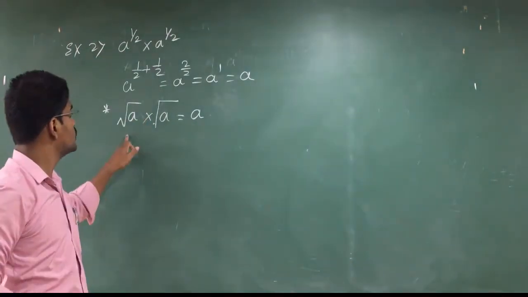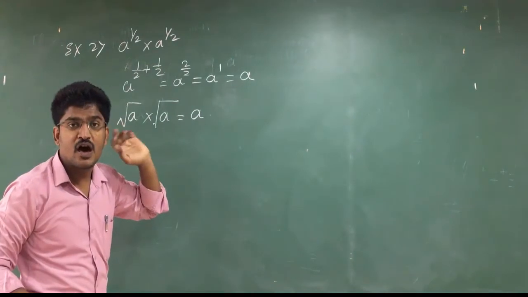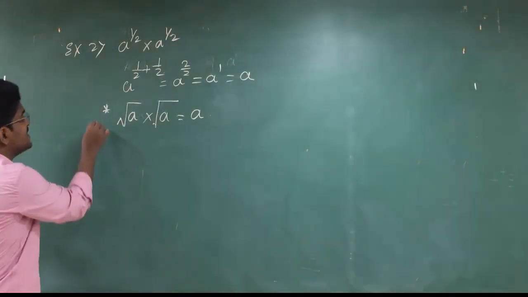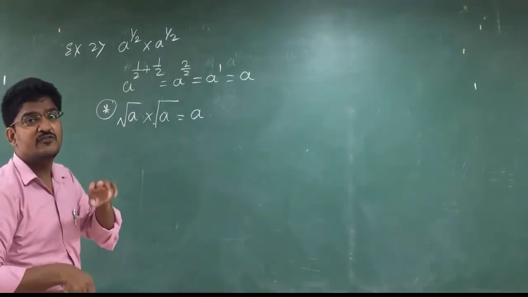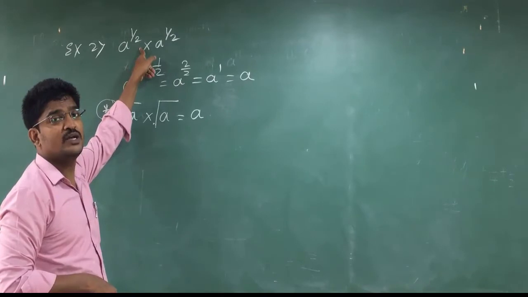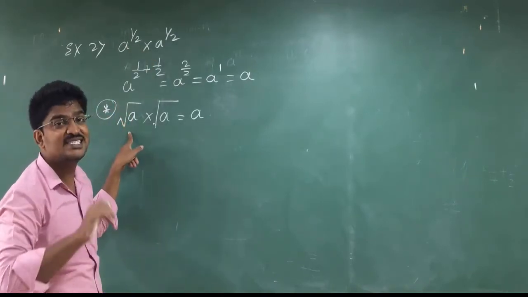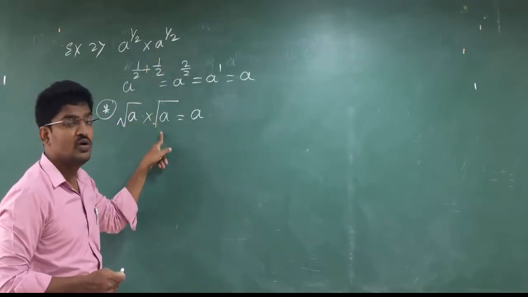That means root a multiplied with root a will be equal to a. Are you clear? This is something important because some of the students get confused about a to the power of 1 by 2. How can you write a to the power of 1 by 2? A to the power of 1 by 2 can be written as root a. Here also, a to the power of 1 by 2 can be written as root a.